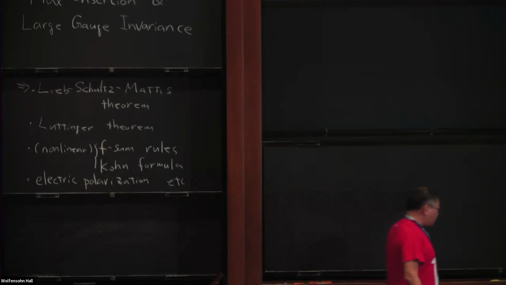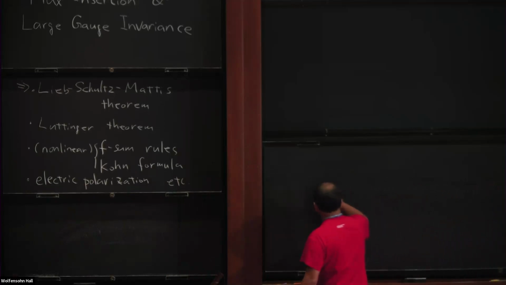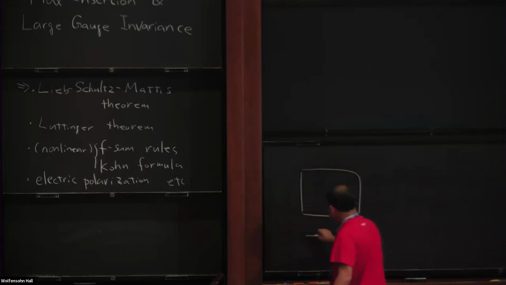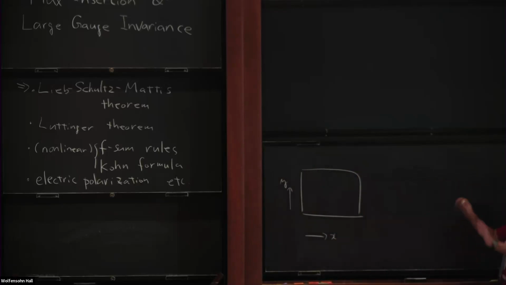Okay, let me start from very elementary stuff. Suppose you have some system, and let's say this is the x direction. If this is two-dimensional, the two-dimensional system is defined on the xy plane, maybe a lattice model or continuum.